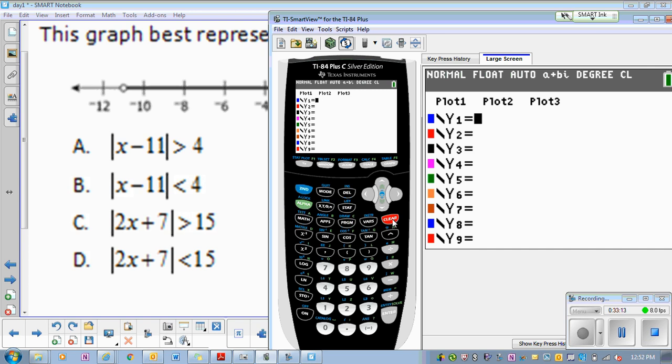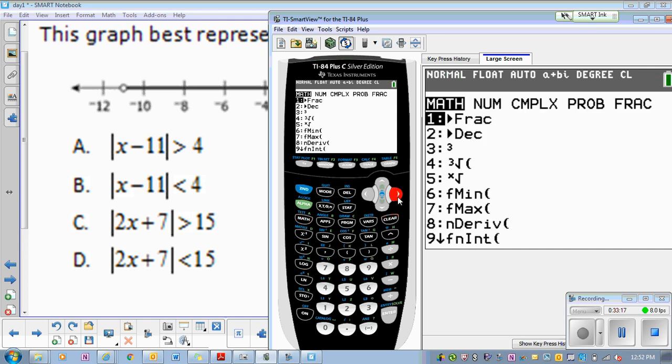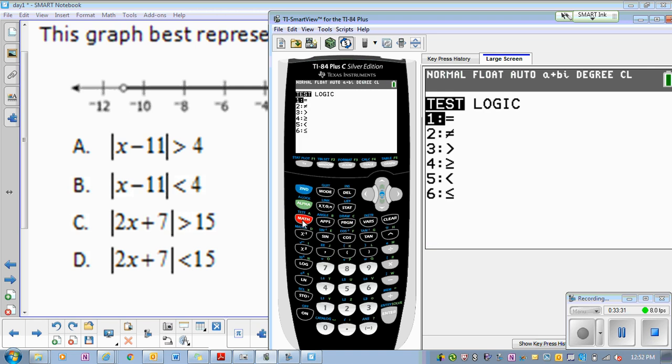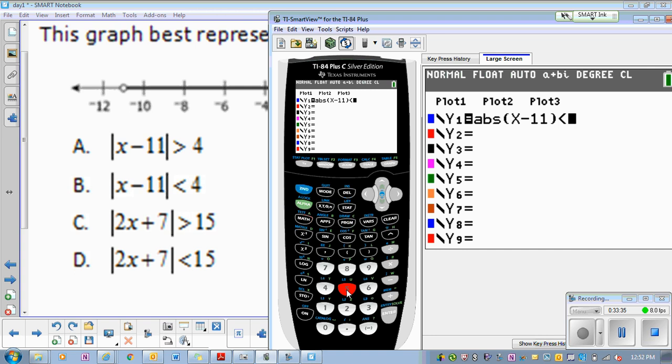We're going to go with B. You're going to go to math, number, apps. Let's put in B. X minus 11. Close. And then, what is this? Less than? So, go to second math. You see less than? Fifth one down? Now graph it.